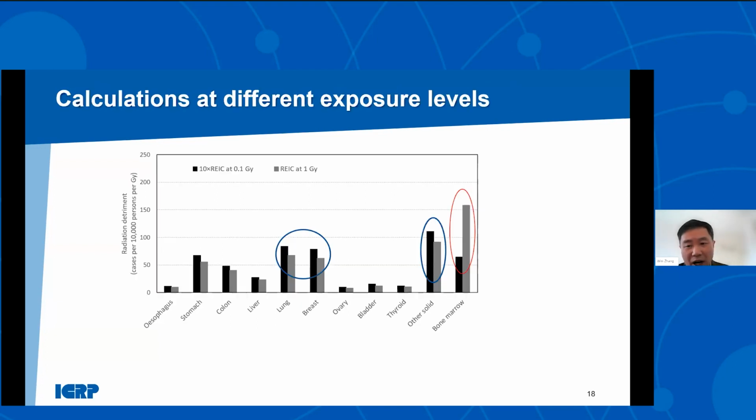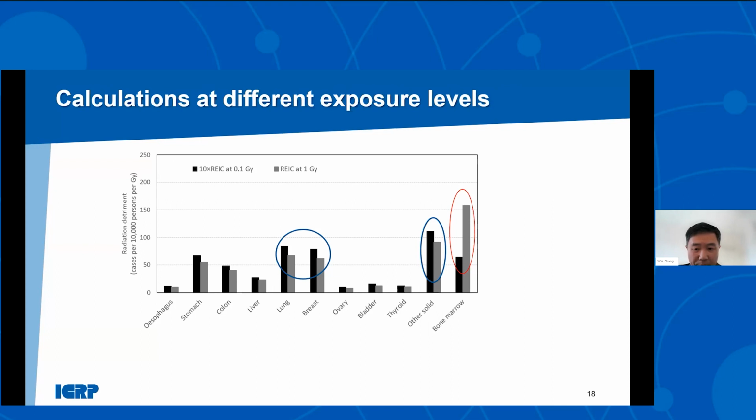However, now come back to IEIC. If the IEIC are calculated at a different dose level, then normalized to that at 1 gray, the results would be different. This graph shows IEIC calculated at 0.1 gray and multiplied by 10, compared with IEIC calculated at 1 gray directly.